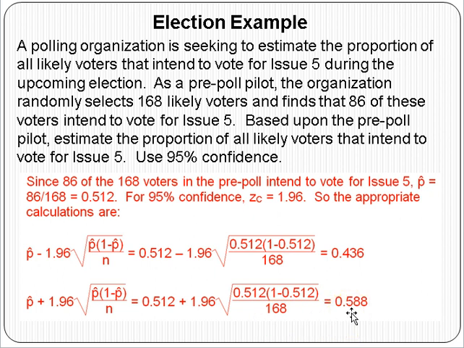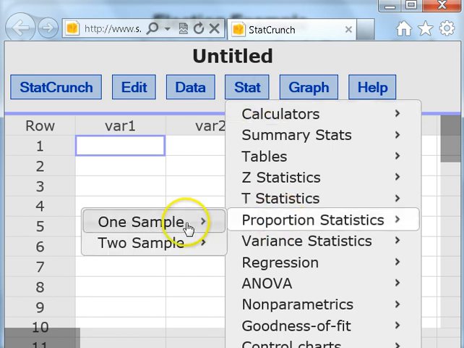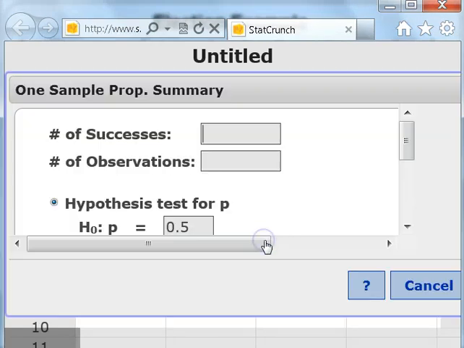Now, it's very easy using StatCrunch to check your work. Using StatCrunch, if I go to Stat, and we're doing a proportion with one sample. Now, we don't have the responses of all 168 individuals in the sample, but we have a summary of how many said they'd vote for issue 5. So we're going to use one sample with summary.